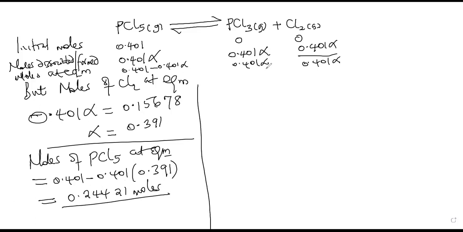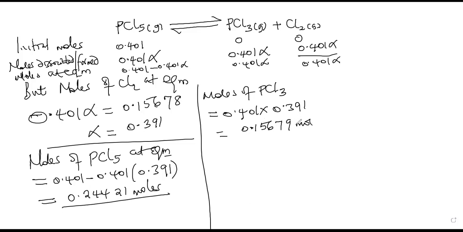Then I also get moles of phosphorus trichloride, or phosphorus 3 chloride. Moles of PCl3 at equilibrium will be equal to 0.401 times the value of alpha, 0.391. And this will give you the moles of PCl3 as 0.15679 moles.